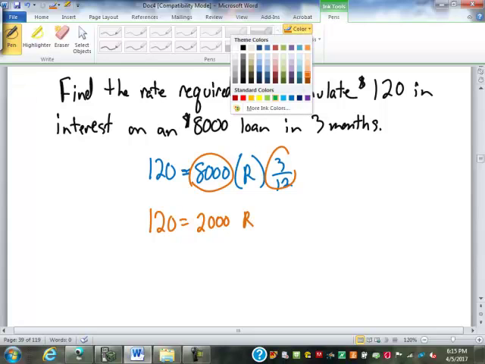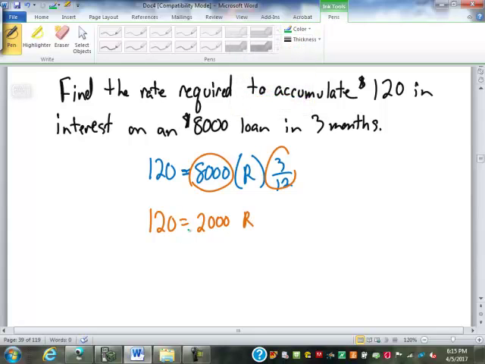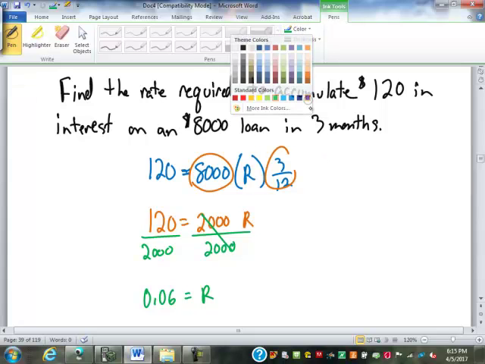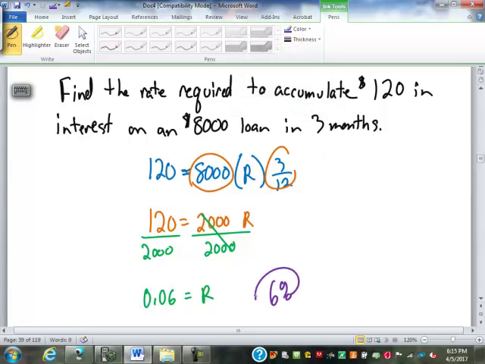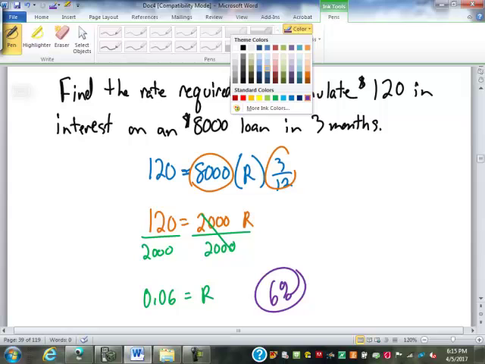Then what? Divide by 2,000. Which gives us 0.06, so 6%. Any questions there?